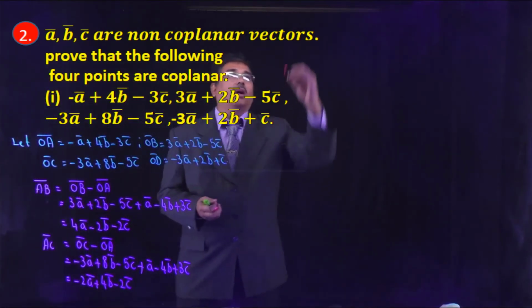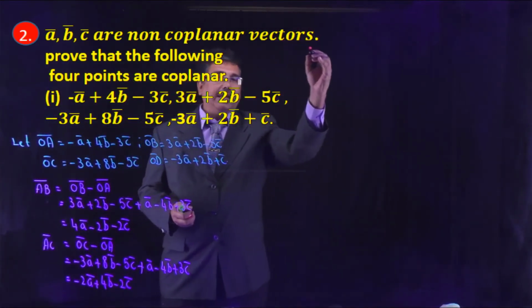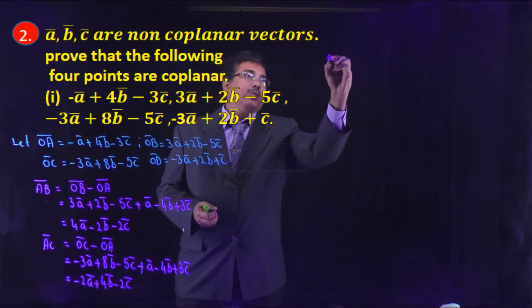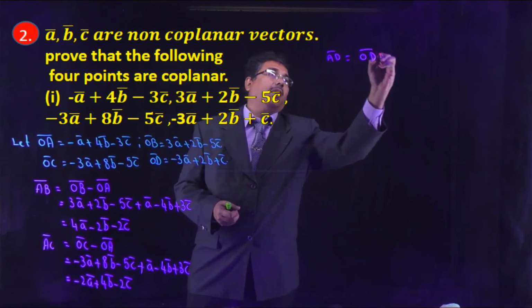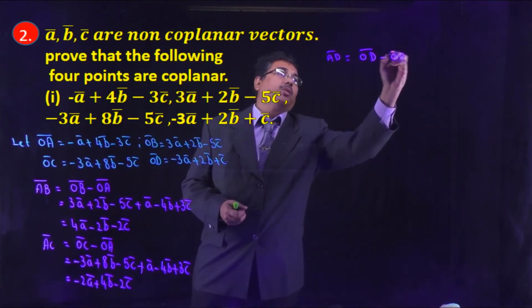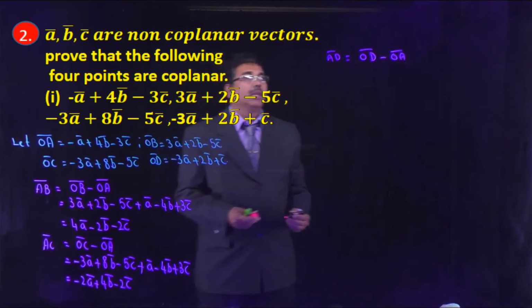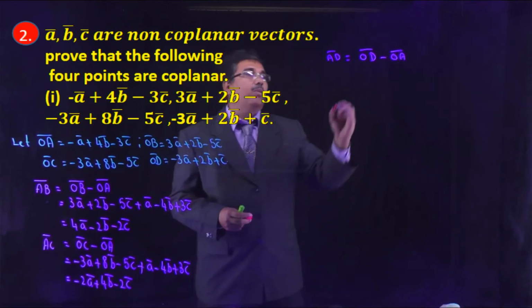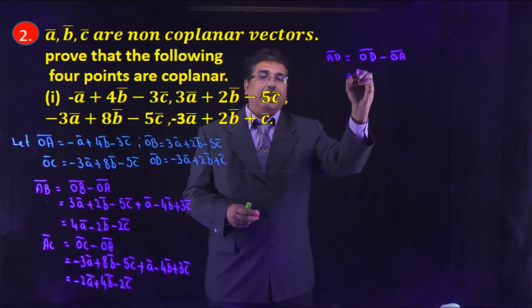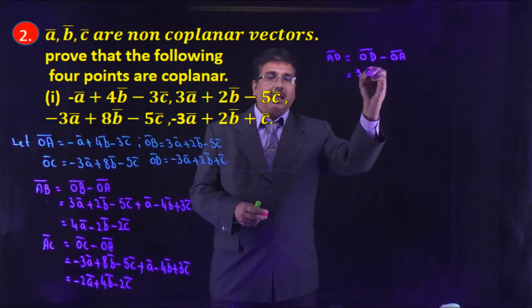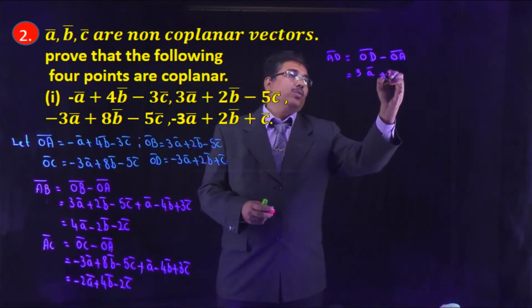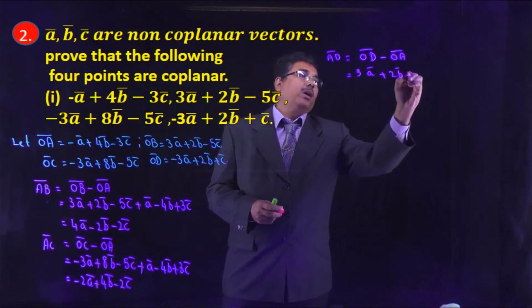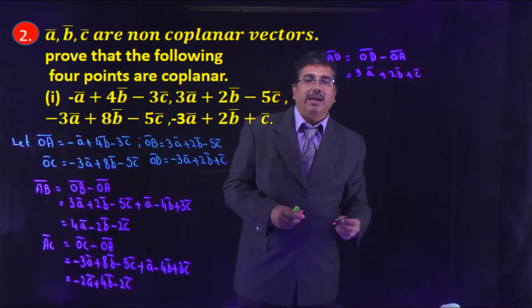Now AD bar, that is equal to position vector of D minus position vector of A, that is equal to OD bar. OD bar means 3A bar plus 2B bar plus C bar minus OA bar.